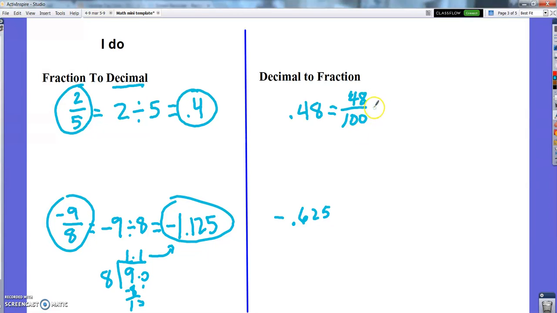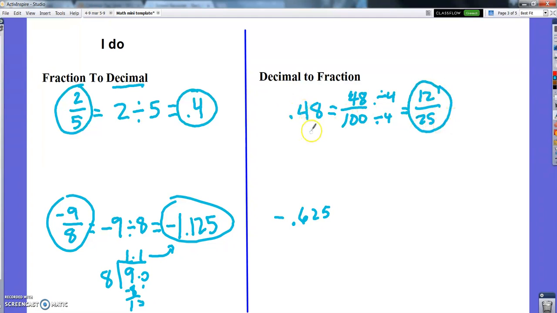So as I look at these, I can divide both by 4, I think, and get 12 over 25. And let's see, this can be divided by 5, and that's all, and this can't. So that's it.